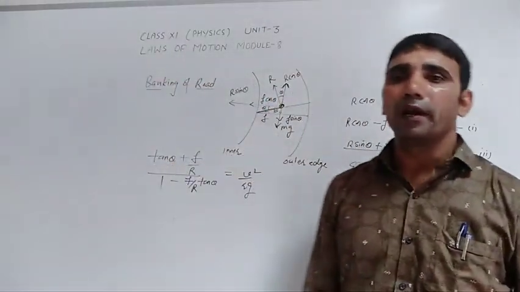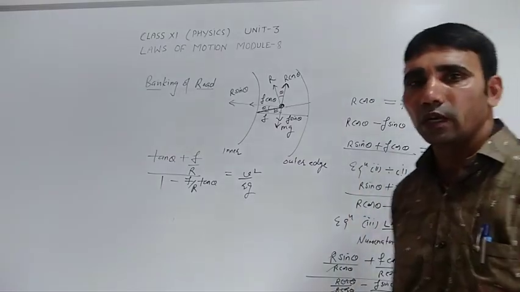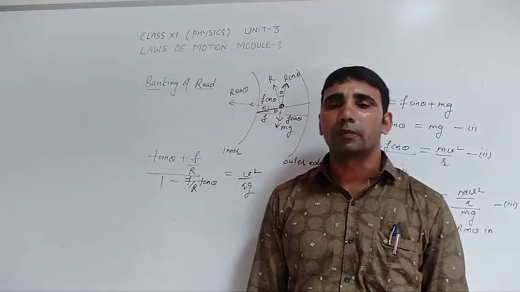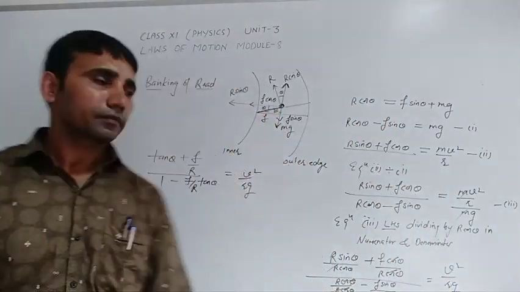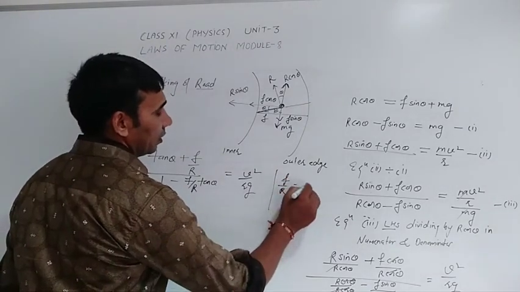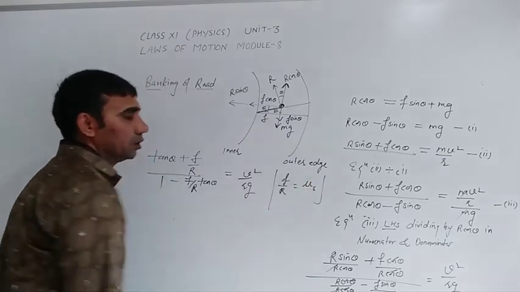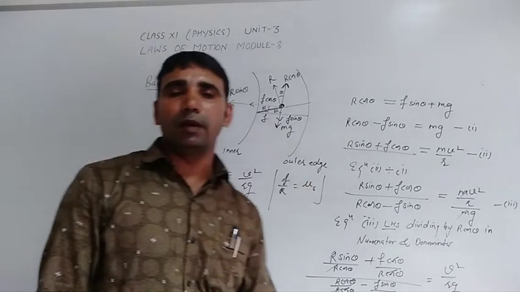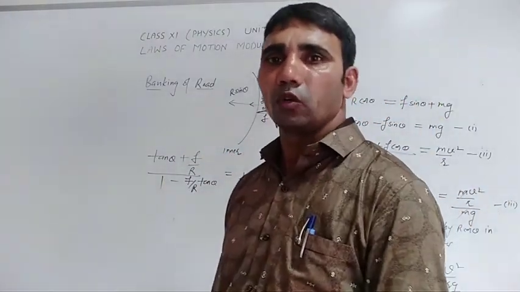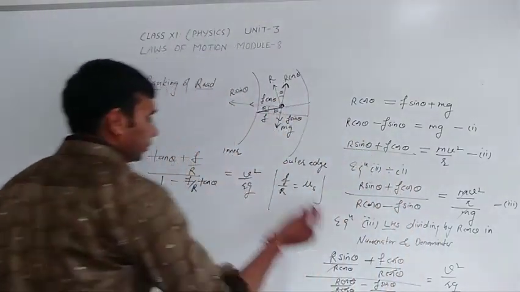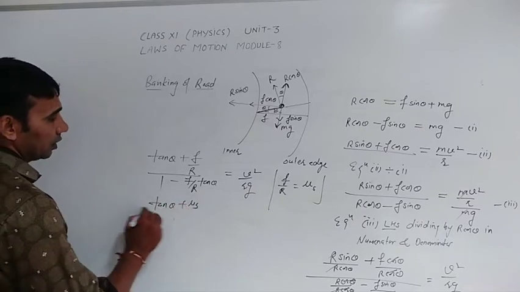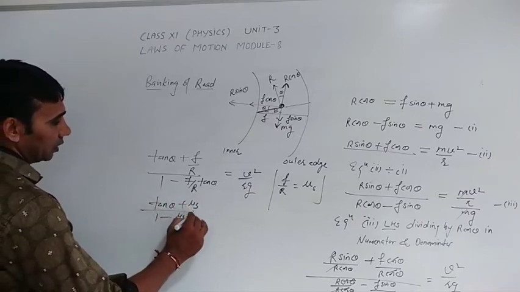Now we will find out the speed of the vehicle that is permissible to move along a circular path without skidding. We know F divided by R, the ratio of frictional force to normal reaction, is the coefficient of static friction. So with coefficient of friction mu s, tangent theta plus mu s upon 1 minus mu s tangent theta is equal to v square divided by rg, where v is equal to the square root of rg times tangent theta plus mu s upon 1 minus mu s tangent theta.